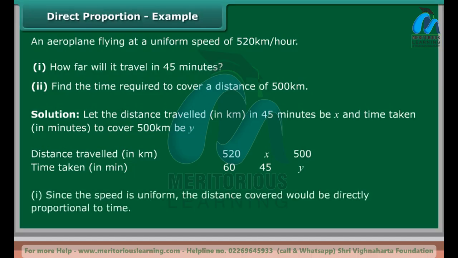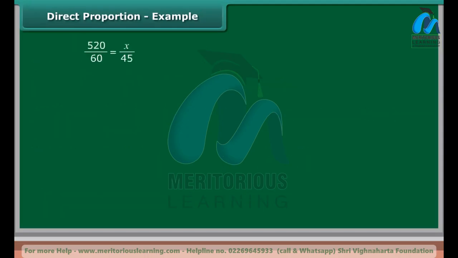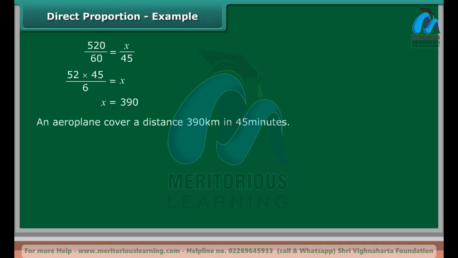Since the speed is uniform, the distance covered would be directly proportional to time. 520 upon 60 is equal to x upon 45. 52 into 45 upon 6 is equal to x. Therefore, x is equal to 390. An aeroplane covers a distance of 390 kilometers in 45 minutes.